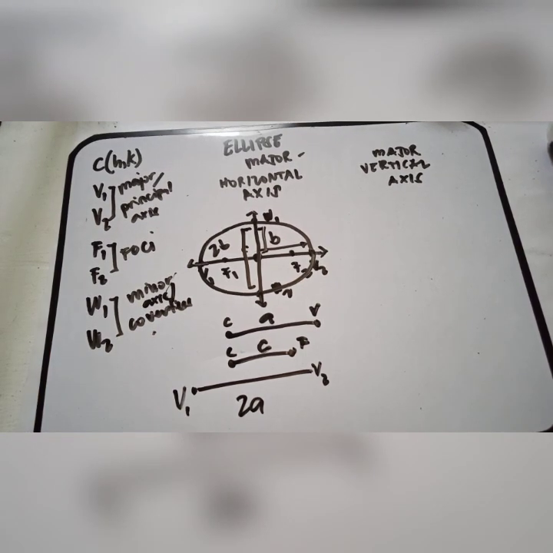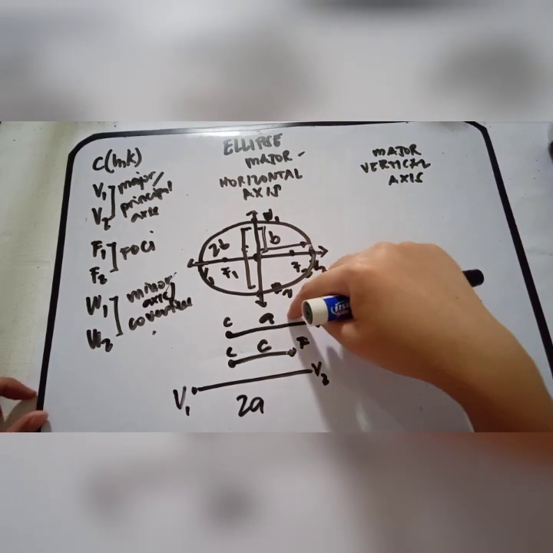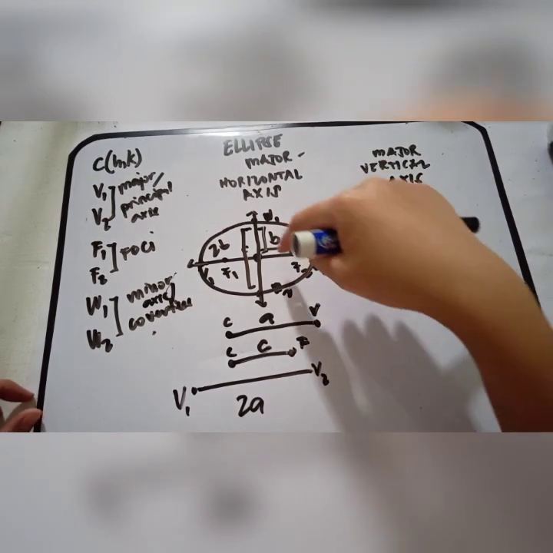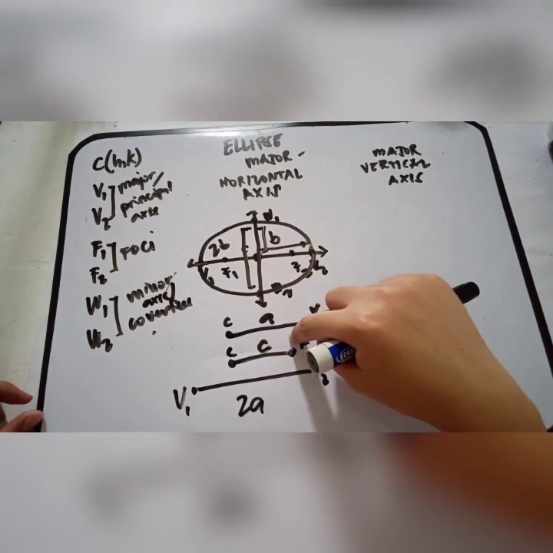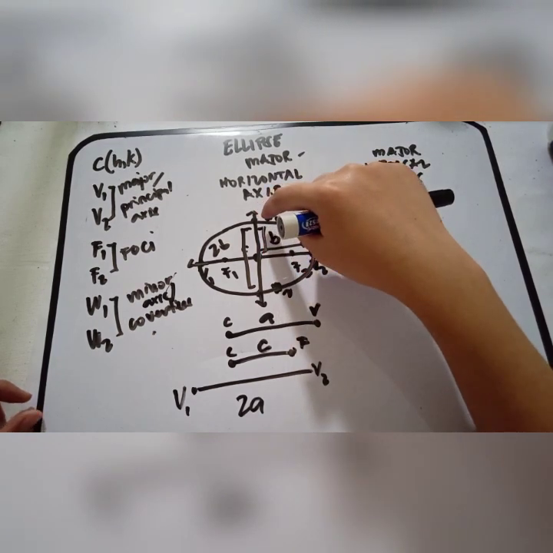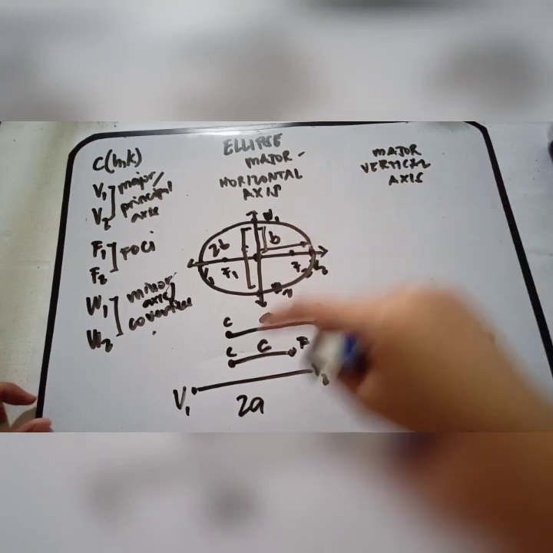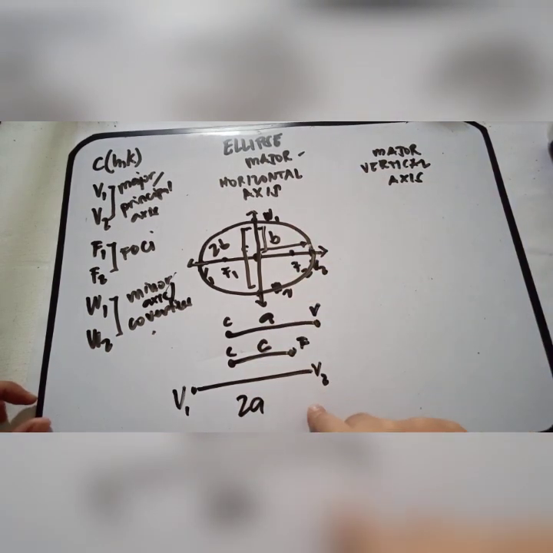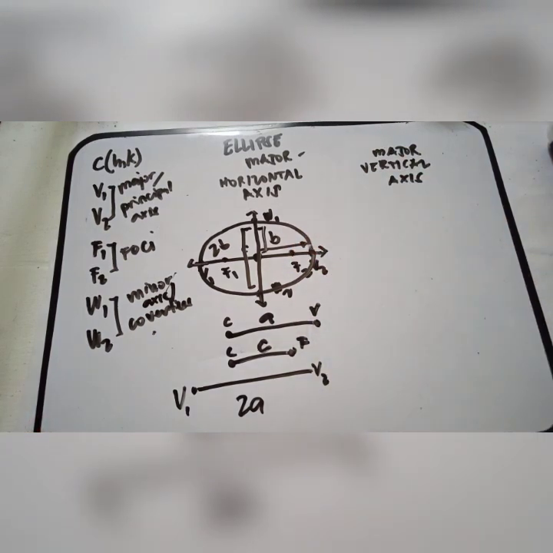Okay, pakitandaan ha, from the center to the vertex, it is called A. From the center to the focus, it's called C. And then from the center to W1 or the co-vertices, it is called B. The length of the major axis is 2a. For the minor axis, it is 2b. Okay?